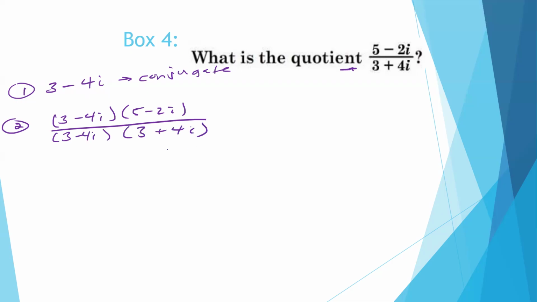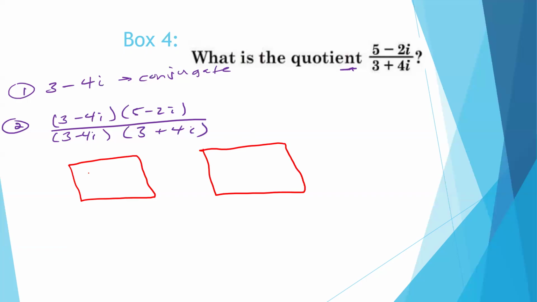Now, me personally, I'm an old school FOIL girl. I will distribute first, outside, inside, last myself. However, I've learned that for some people, they need a more visual way of seeing this. The visual way of doing this would be using the box method. So if you choose to use the box method, this would be your prime time to shine. You're going to do the box for your numerator, and you're going to do the box for your denominator.